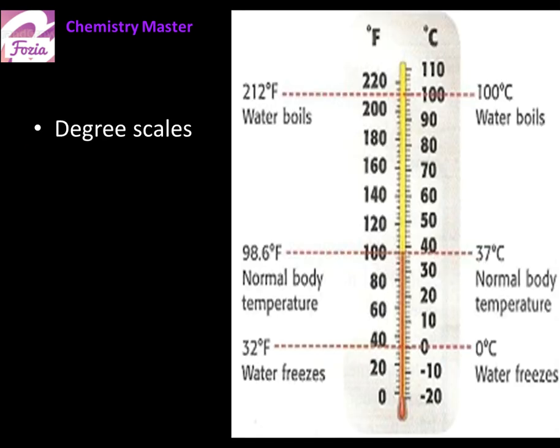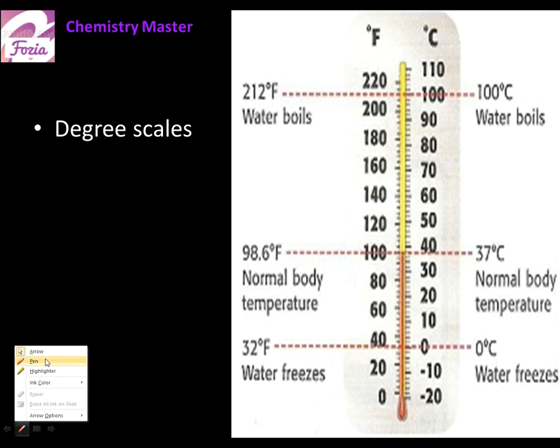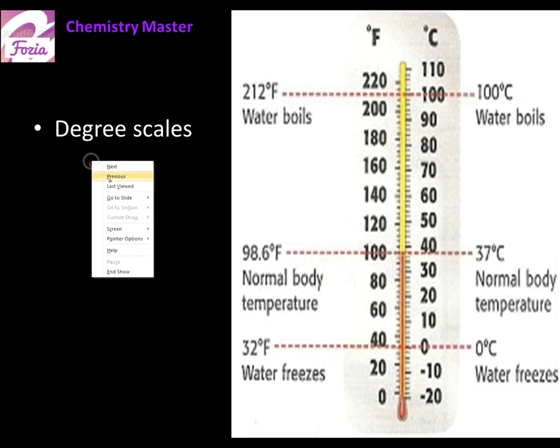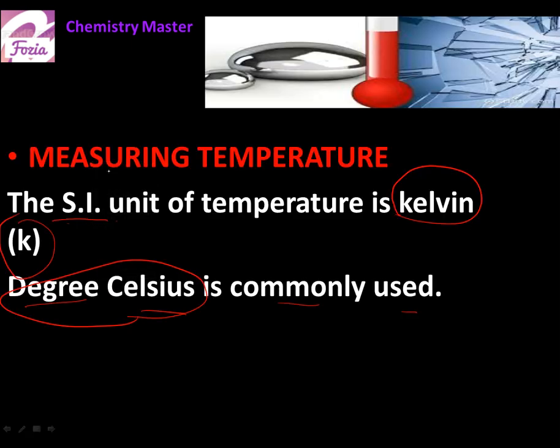Now what are scales? This is a particular separate lecture from the temperature topic, which is why I prefer to discuss the details of scales separately. When we talk of degree scales, whenever we write Celsius, we put a degree sign and then write Celsius.